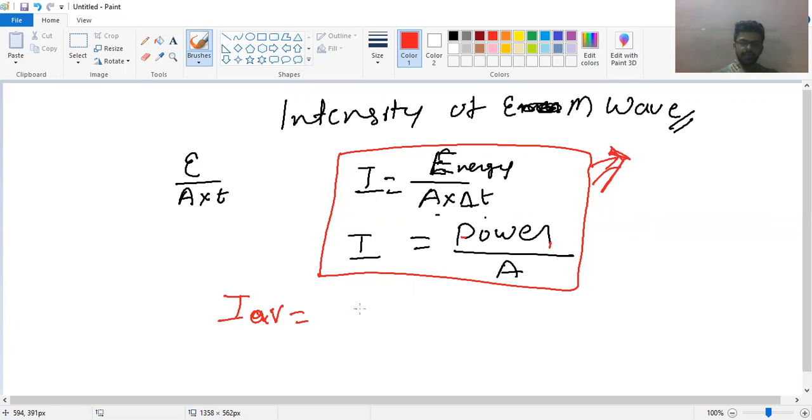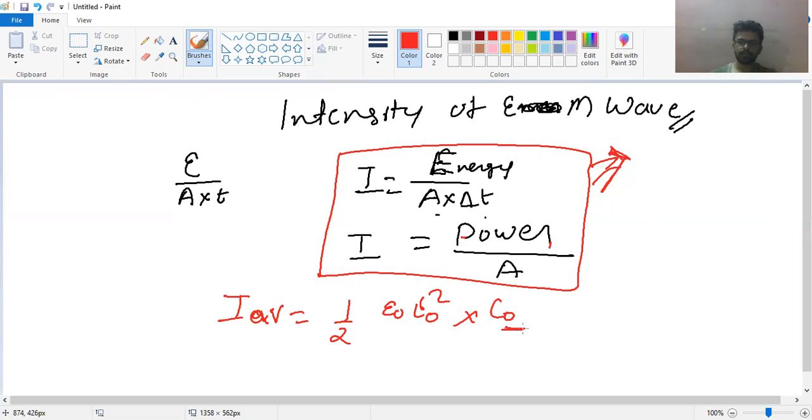The average intensity will be half epsilon naught E naught square into C naught. How, sir? Only this, and this area divided by time, everything is consumed over here.